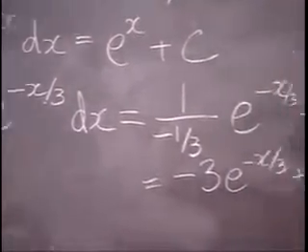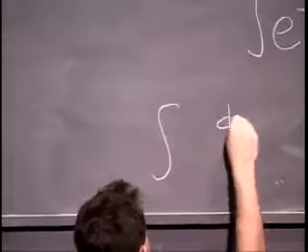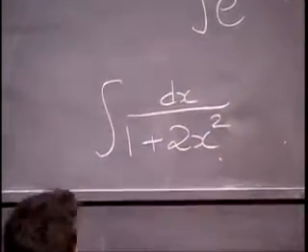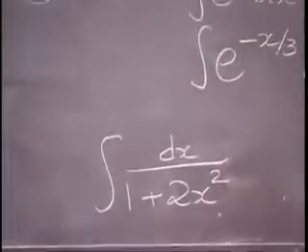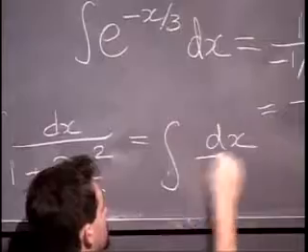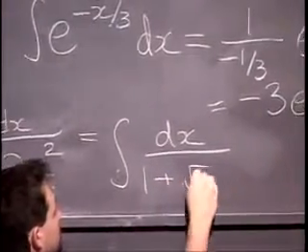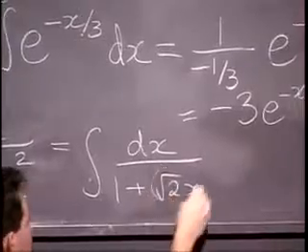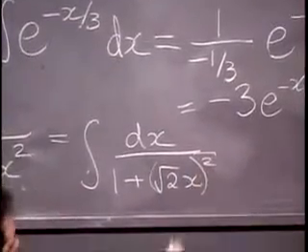Okay? Here's an even more exotic example. Suppose I try to do dx over 1 plus 2x squared. Well, I want you to think of this as dx over 1 plus root 2x all squared.